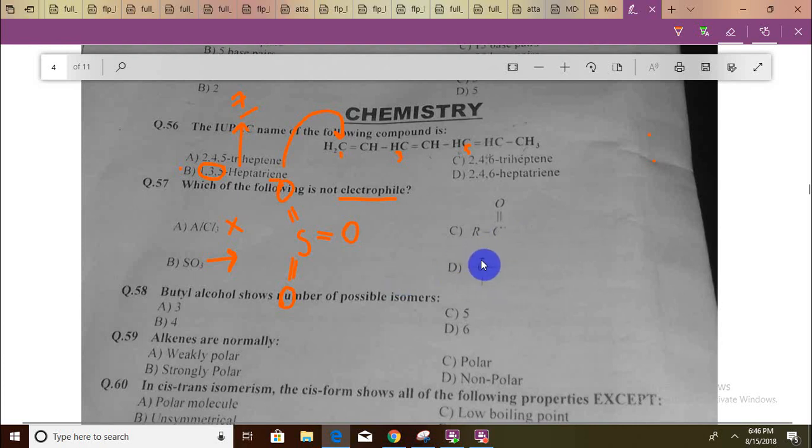But if this were negative, that would suggest that it is not an electrophile. But I would say skip this question because it's not really all that clear.